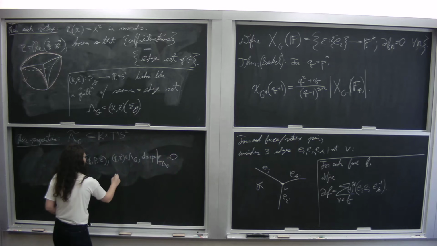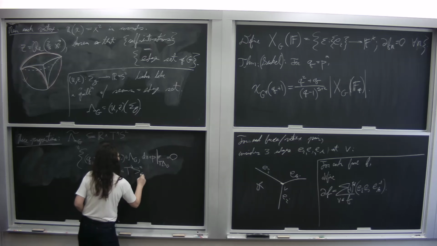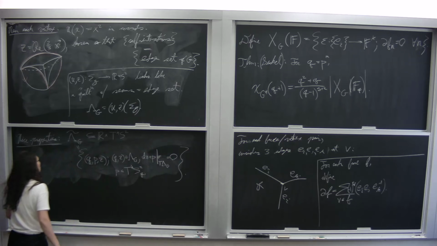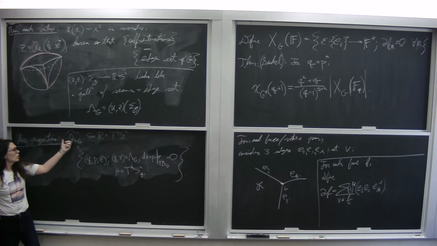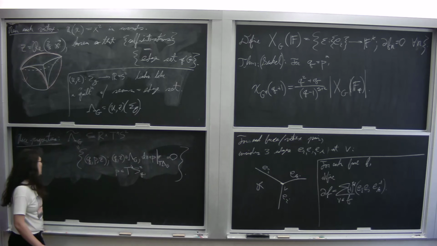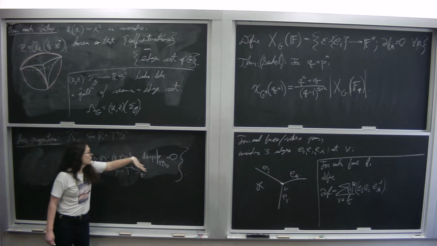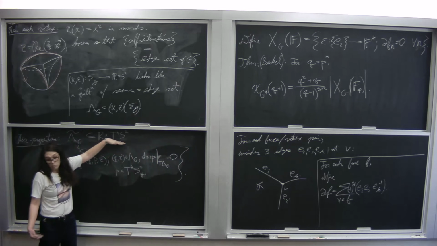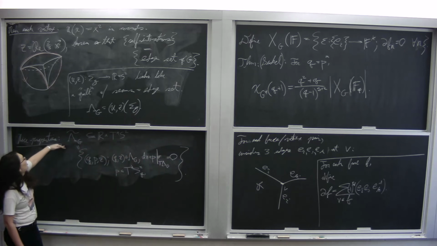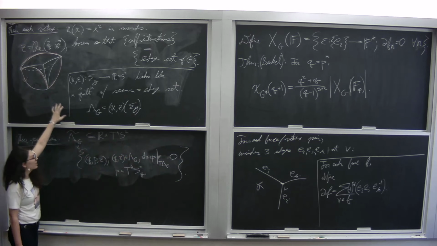Here P is in T star S2 at the point. Okay, so this is something that you would call a conormal bundle, or a conormal bundle at infinity. And basically the point is that this is just all one forms, point-wise, all covectors, which are vanishing on this quilted pillow surface, okay?